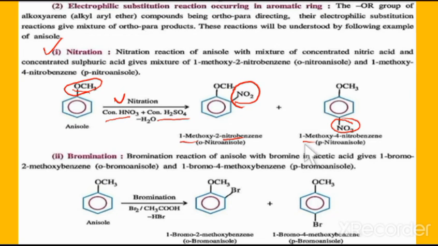In bromination, when anisole is treated with Br2 in the presence of acetic acid, it loses hydrogen bromide and forms 1-bromo 2-methoxybenzene, and at the same time 1-bromo 4-methoxybenzene.